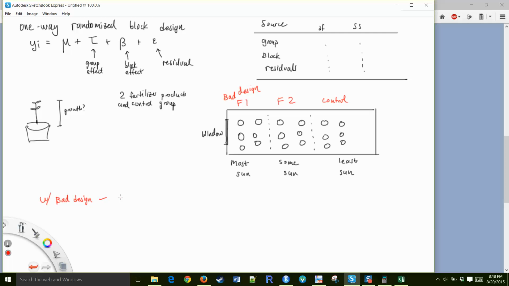This would be confounding factors, right? The amount of sun, okay, our factors fertilizer and sun are confounded. We cannot distinguish between the effect of the fertilizer and the sun.